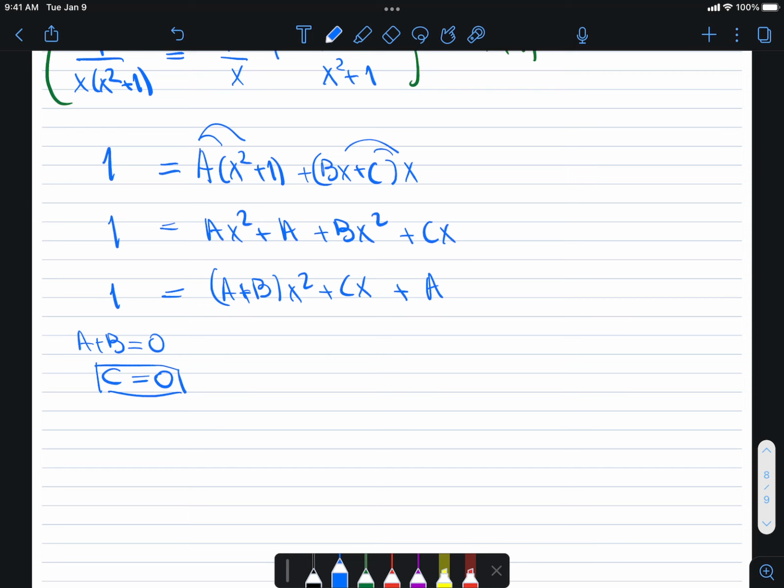And then finally, how many independent terms do we have on the left side? That's 1. And then on the right side, we have just a, the term without x. So we have a equal to 1. Found more information. And then once you go back to the first equation, 1 plus b has got to be 0. b is negative 1.